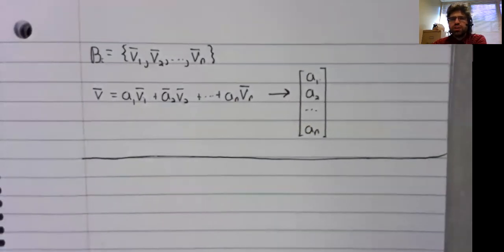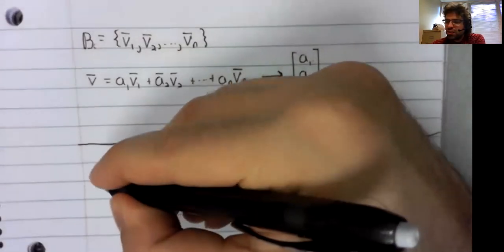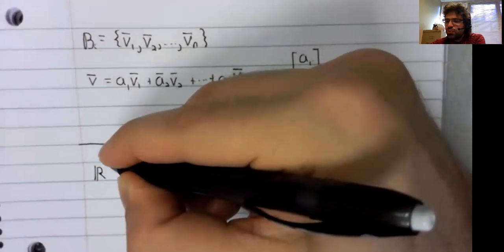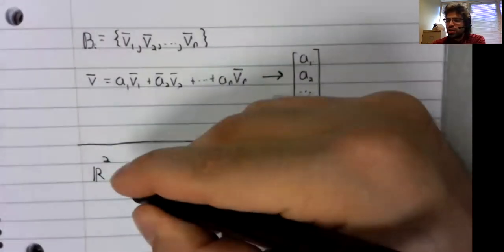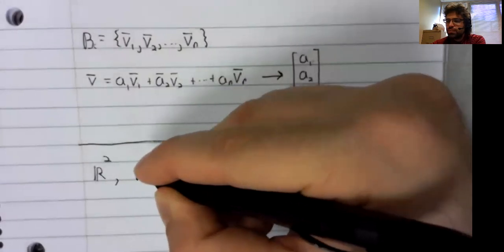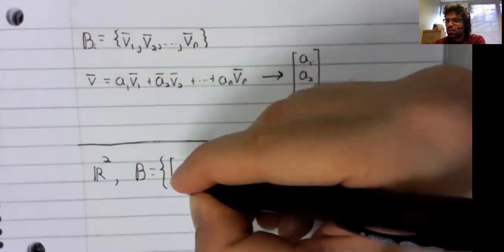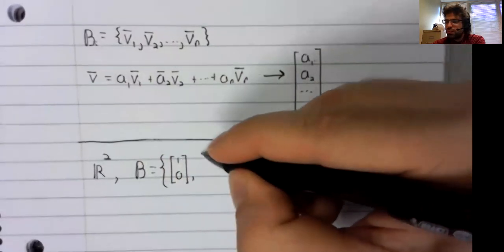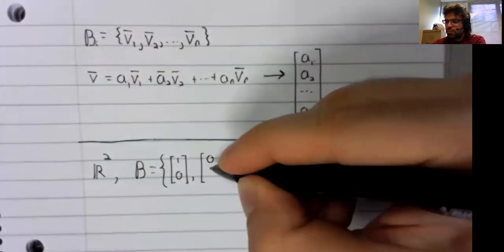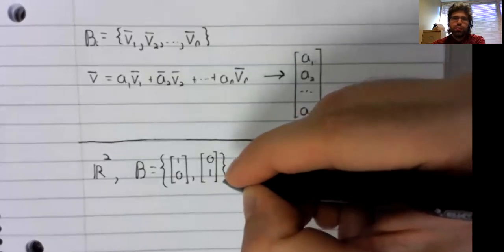And now let's apply this insight to the case where our vectors are already column vectors. Let's look at R2, and we'll take as our standard basis 1, 0, 0, 1.